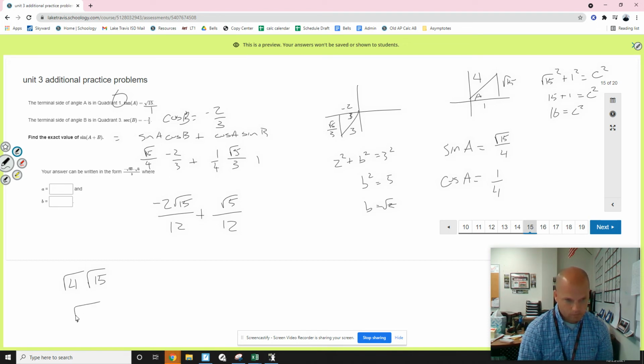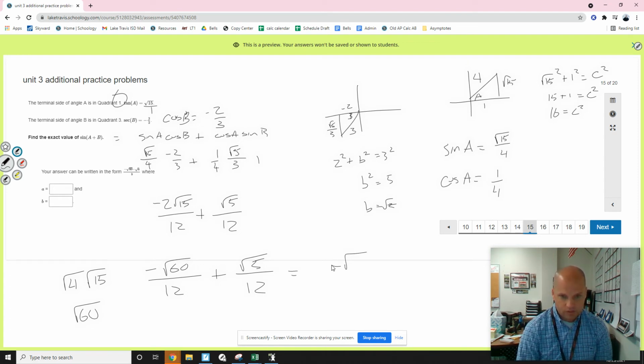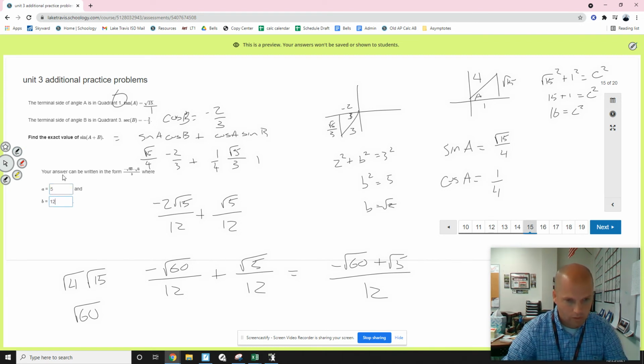So it turns out 2 root 15 is just root 60, which can be written as negative root 60 plus root 5 over 12. Tricky problem: triangles, Pythagorean theorem, lots of steps, using the correct formula.